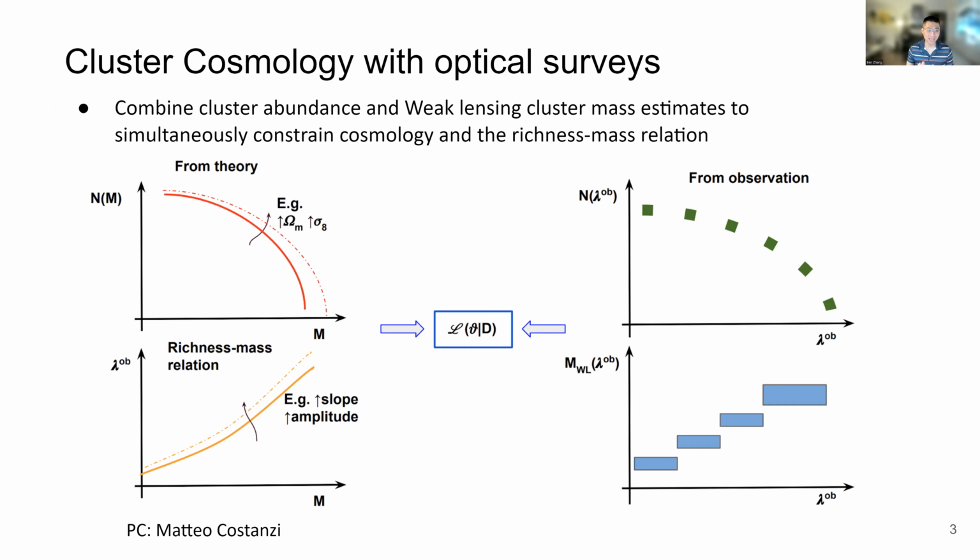The observable that we have here is the richness quantity I described. So by constructing a richness to weak lensing mass relation, and then folding that into a weak lensing mass to real mass, true mass information, we can use observational data to infer the real halo mass function and use that to construct cluster cosmology with galaxy clusters.